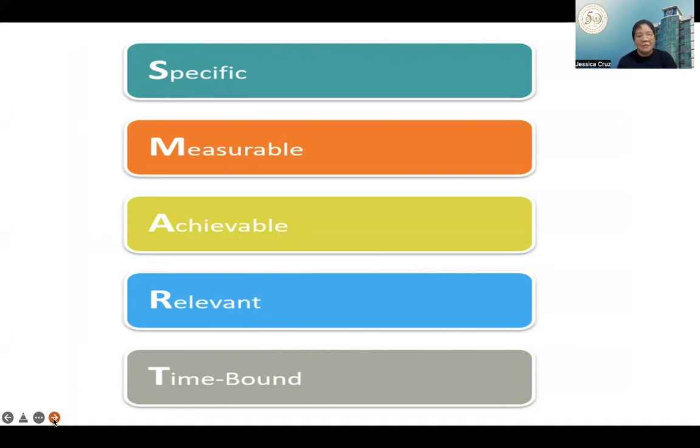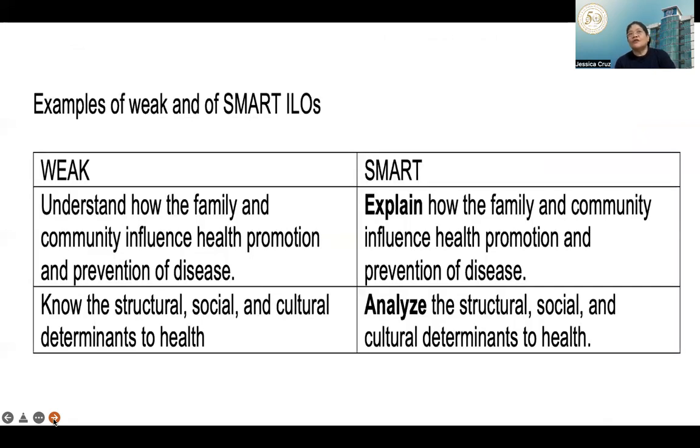So often the statement of an ILO begins with something like this: "At the end of the course, the learner should be able to," and then you put in your competency statements. So this is a comparison of weak samples of ILOs with the SMART ILOs. If you notice, the verbs understand and know are often difficult to determine.